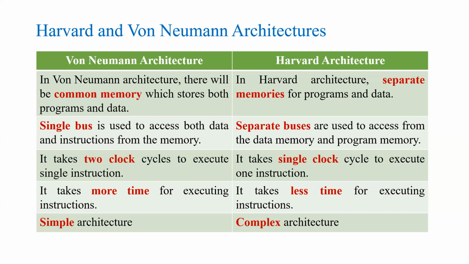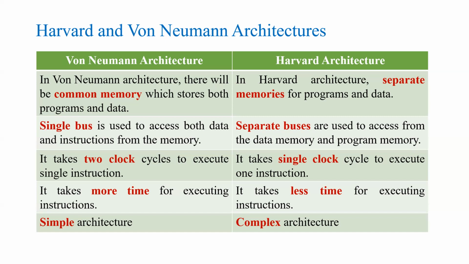Then coming to the second one, once we have a common memory, a single bus is used to access both the data and instructions from the memory. But in Harvard architecture, we use two separate buses to access information from data memory and program memory, because we have two separate memories.